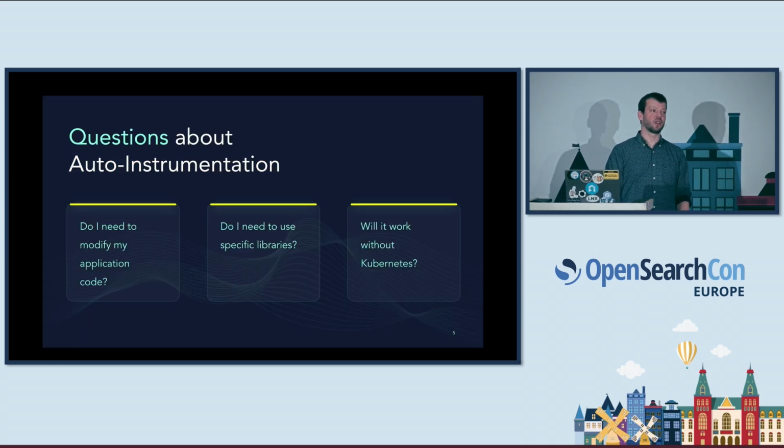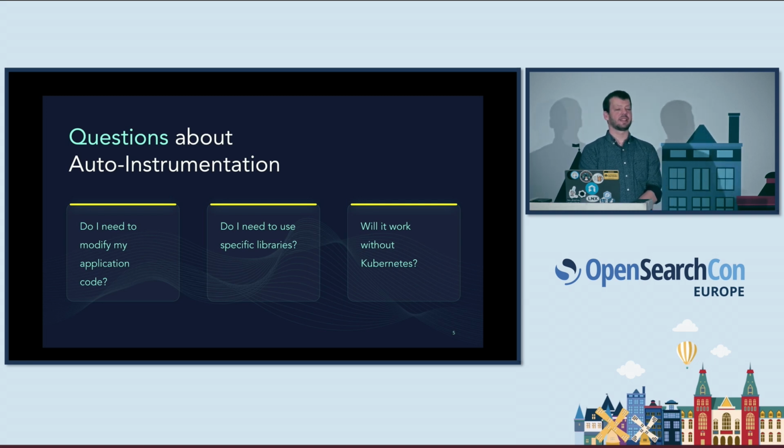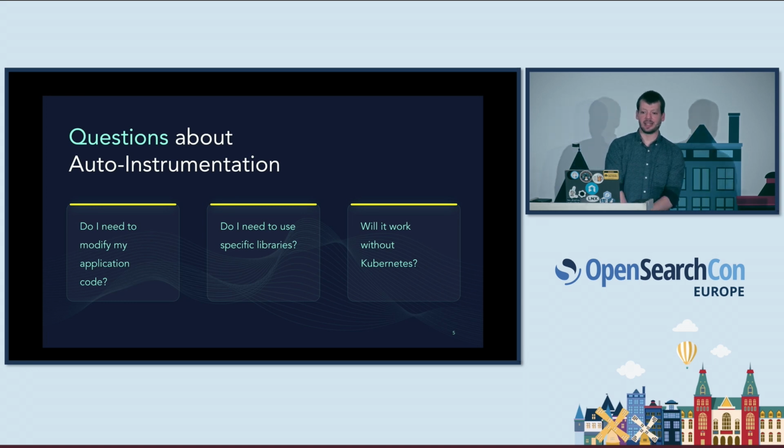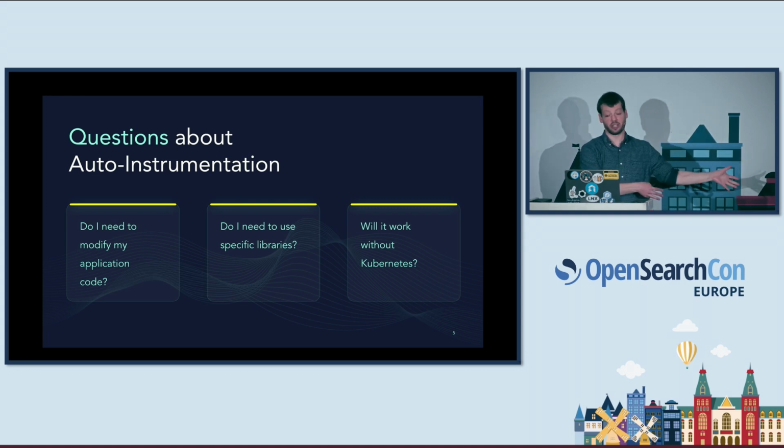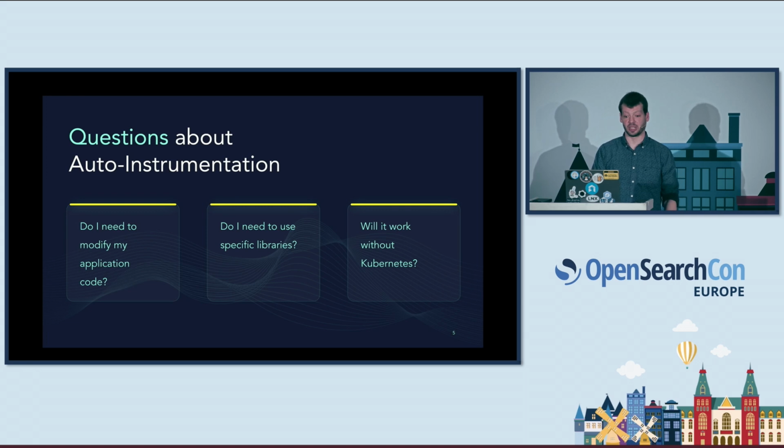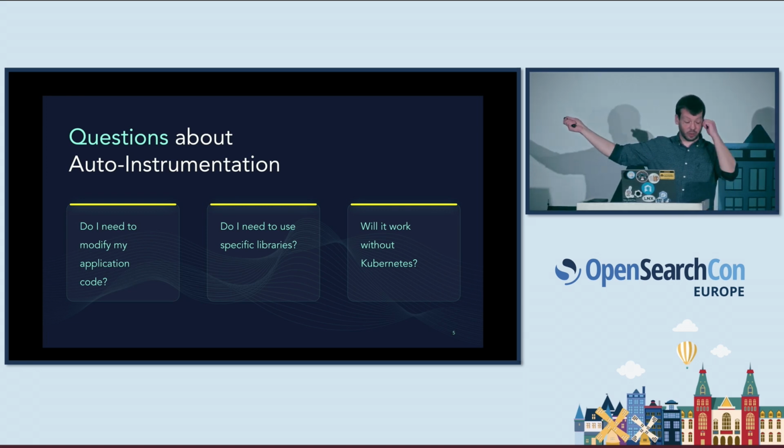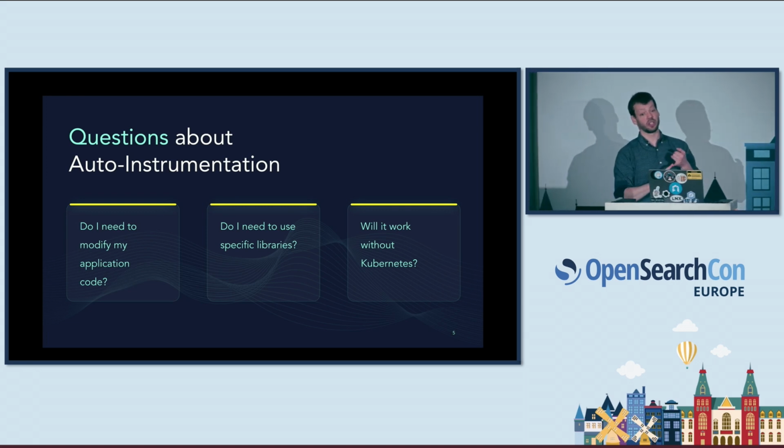So this talk I first gave maybe a year and a half ago, and it stemmed from some questions that I got from one of our salespeople. I was working at an observability platform at the time. And he had these specific questions that were coming up over and over again with his customers when they brought up auto-instrumentation, whether it was with our proprietary tracing or with OpenTelemetry tracing. The most salient questions: do I need to modify my code in order to use this?